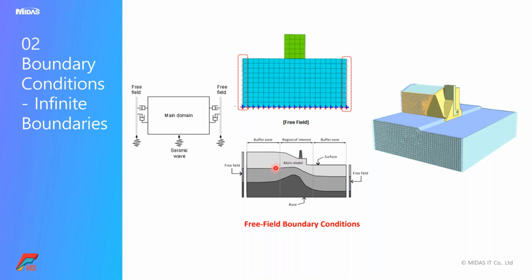So hence, this is quite popular. And in this model, we are actually applying the free field boundary conditions. So I will show you in the model. And again, if you see, we have a backfill here. This is a backfill, and in this backfill, you can see this is the entire vertical face of the soil.